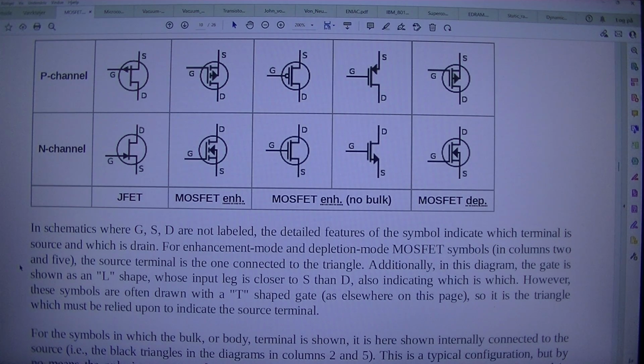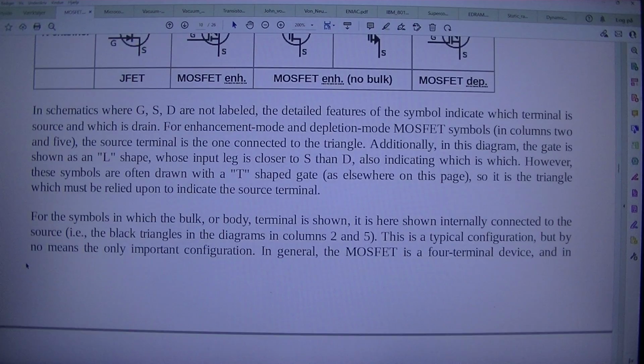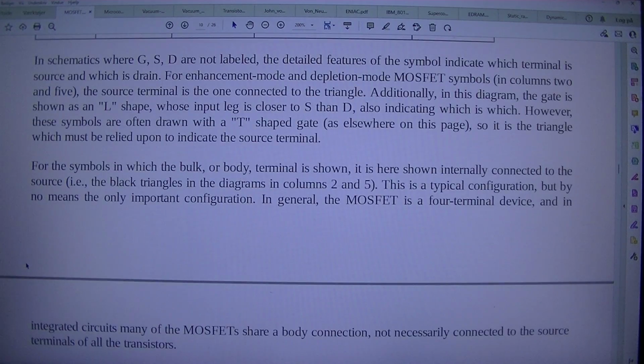However, these symbols are often drawn with a T-shaped gate, as elsewhere on this page, so it is the triangle that must be relied upon to indicate the source terminal. For the symbols in which the bulk, or body, terminal is shown, it is here shown internally connected to the source, i.e., the black triangles in the diagrams in columns 2 and 5.